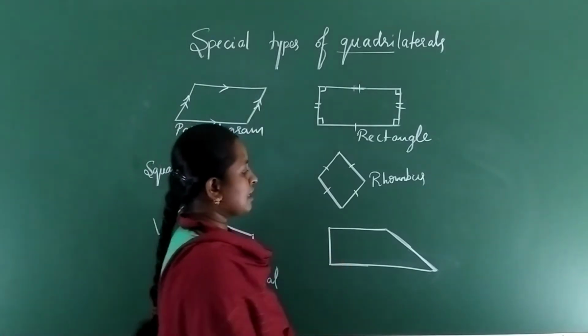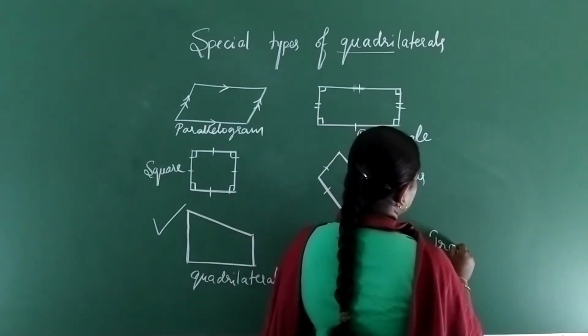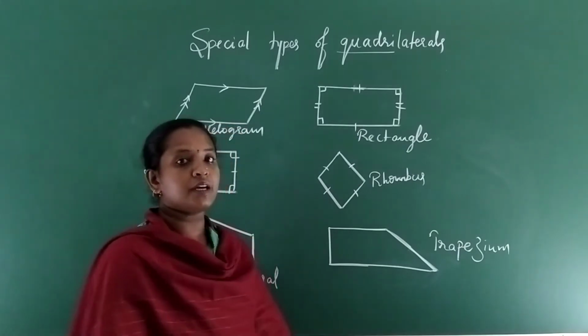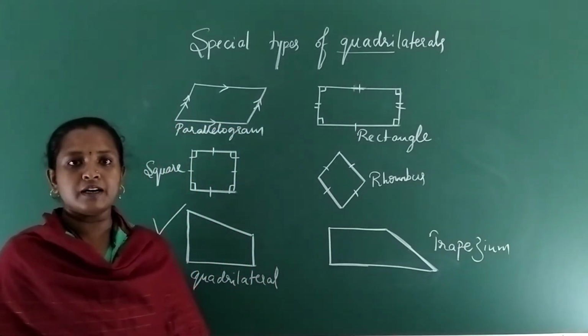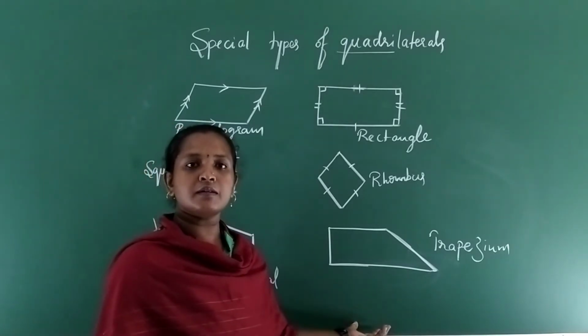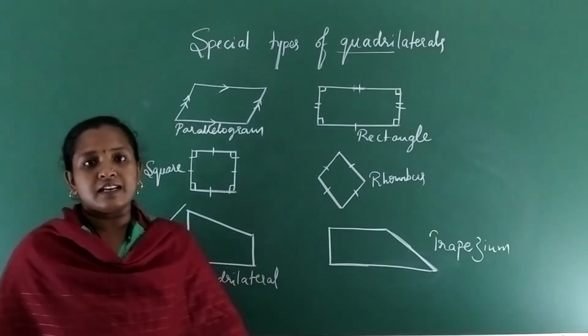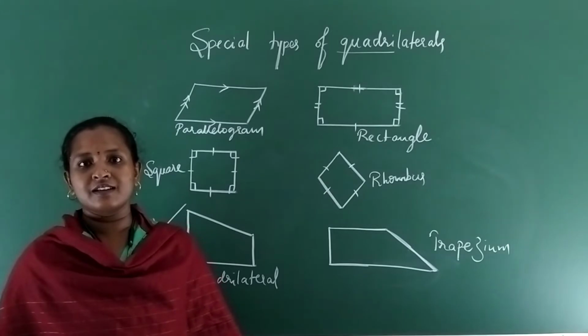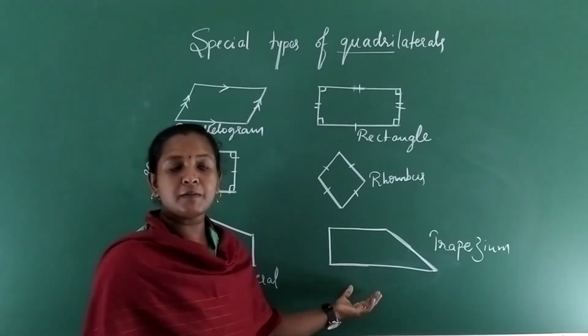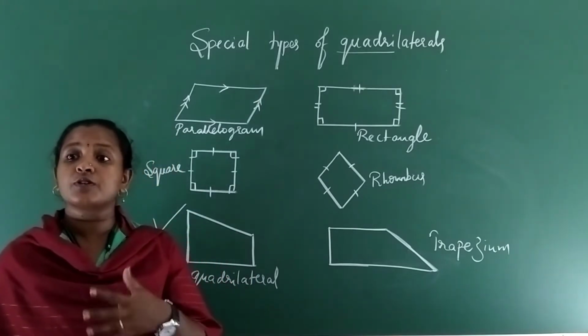And this one is a trapezium. You don't have this one for this year. We have learned trapezium area. Have you remembered? Area of a trapezium is half into a plus b into h.